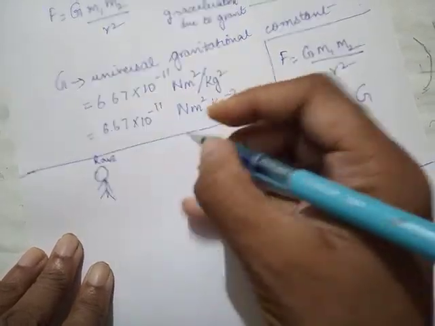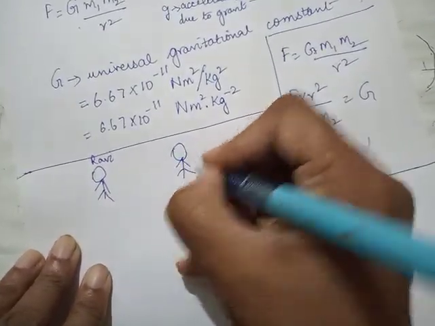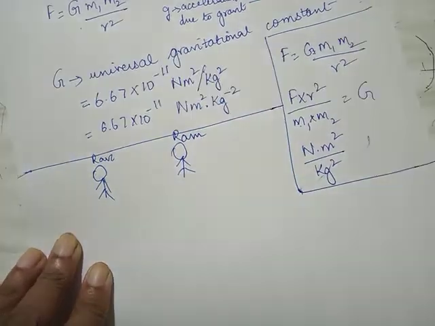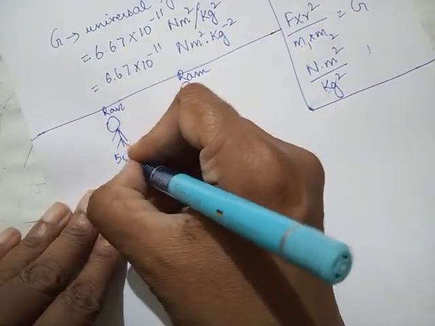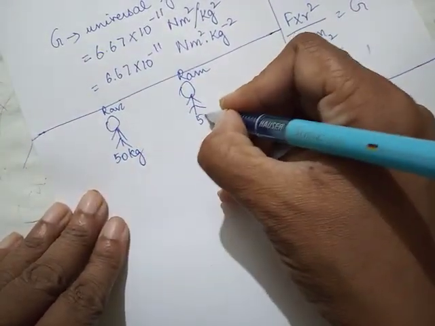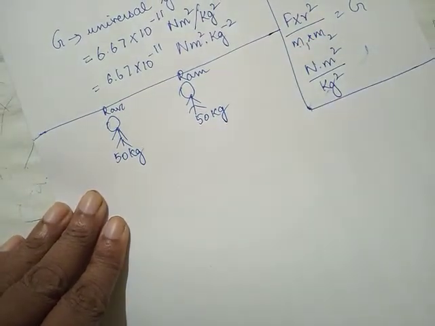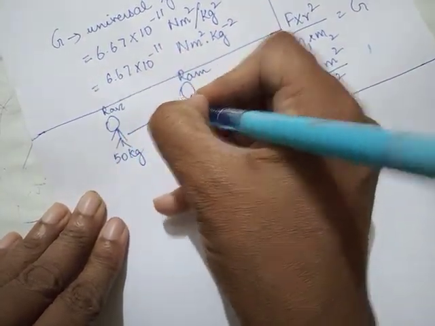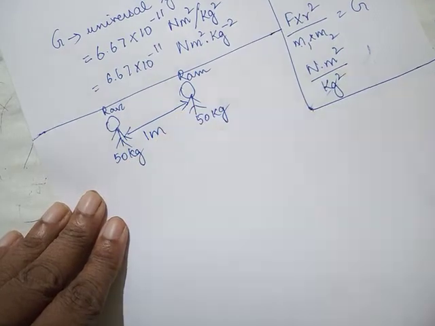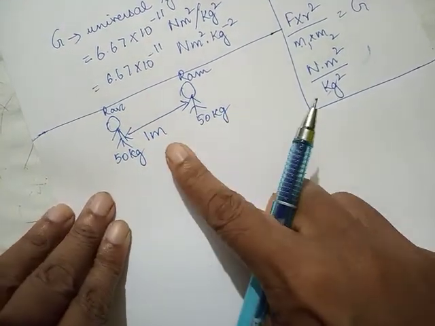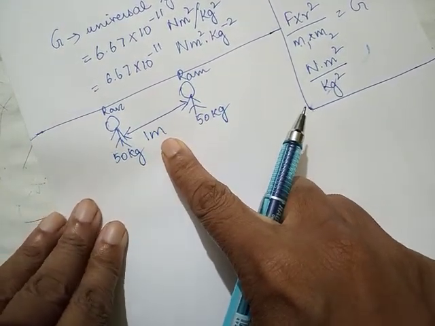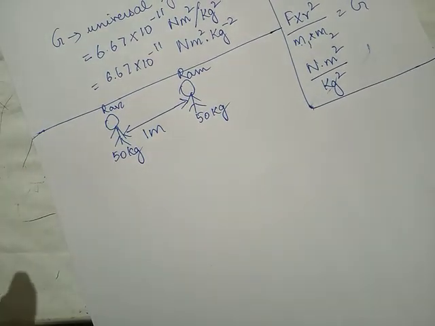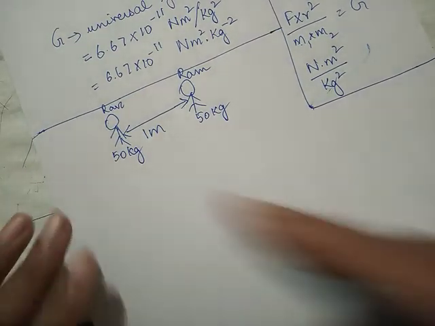One boy is Ravi, another boy is Ram. Ravi weighs 50 kg and Ram also weighs 50 kg. They both are sitting at a distance of 1 meter. Are you able to imagine two boys sitting at a distance of 1 meter? You can imagine how much is 1 meter.